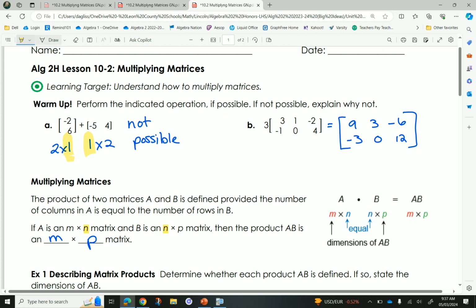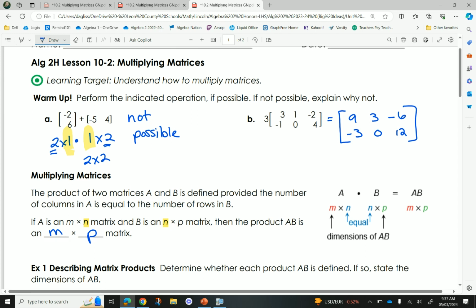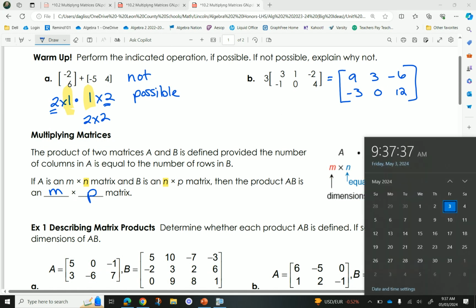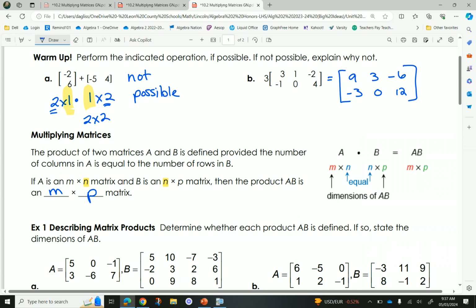If I did multiply these together, I would have had the dimensions of a 2 by 2 matrix when I was done multiplying. That's because you're multiplying the rows of the first one by the columns of the second. So if these middle pieces are equal, then my outside gives me my dimensions. This is a very good visual, if you are a visual person.